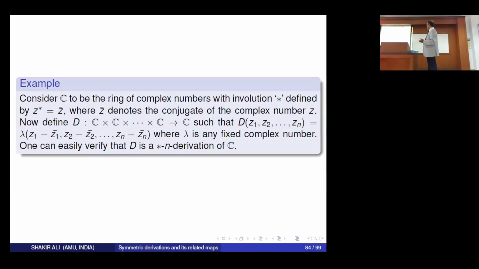That is C, the ring of complex numbers, and we define the involution as z maps to z bar, where z bar denotes the complex conjugate. And D from this to this is of this type: lambda times (z1 minus z1 bar) and (z2 minus z2 bar), and so on. When lambda is any fixed complex number, then this D is an n-star derivation on C.